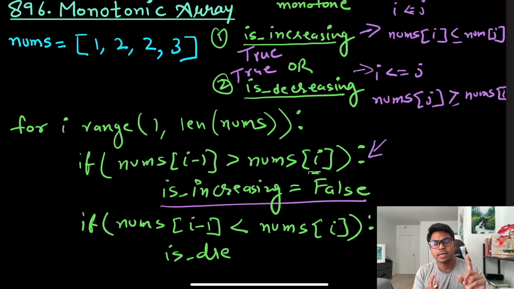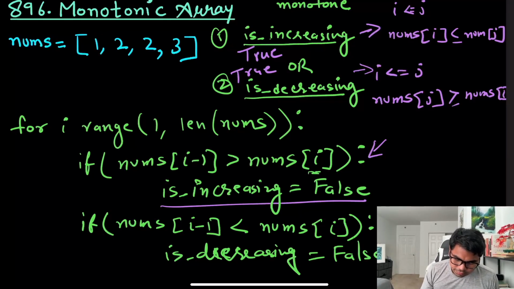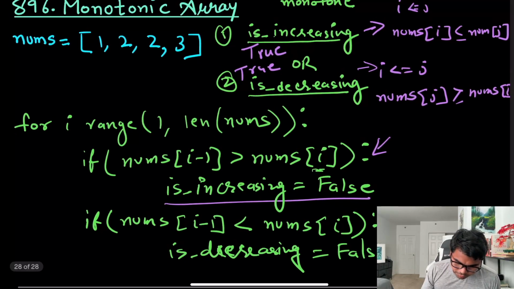They could be equal, by the way. These neighboring values could be equal. That doesn't disqualify them from being monotone increasing or monotone decreasing, because they haven't used the word strictly increasing or strictly decreasing. So this becomes false.